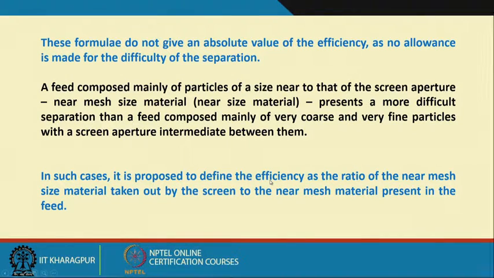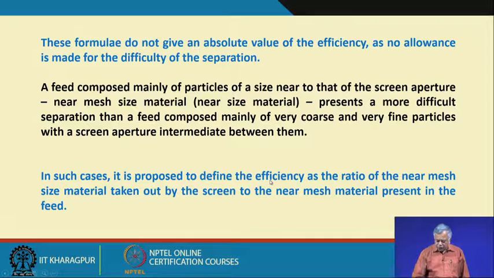So in such cases it is proposed to define the efficiency as the ratio of the near mesh size material taken out by the screen to the near mesh material present in the feed. So there are various definitions of screen efficiencies, and depending on your objective of screening, you use different formulas for screen efficiencies.